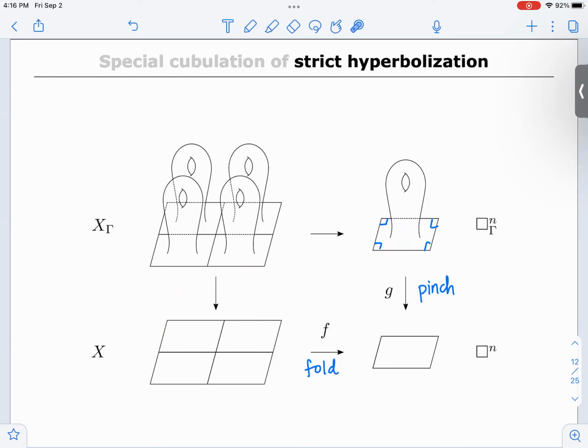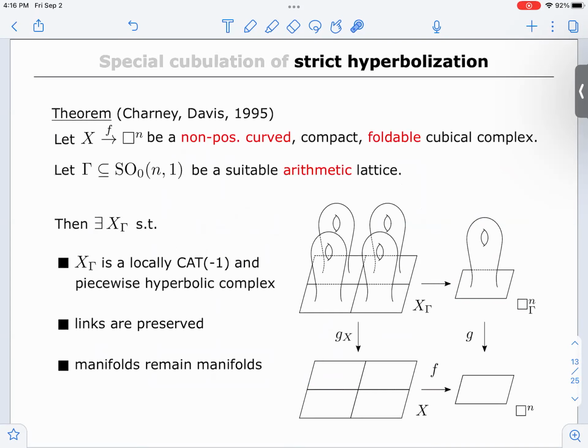Okay, so a little lie here. I keep saying choose a hyperbolizing cell. Well, that's where the work needs to be done. Constructing manifolds of negative curvature is not an easy task in higher dimension. So let me give you this theorem by Charney and Davis. They did exactly that in any dimension 2 or higher.